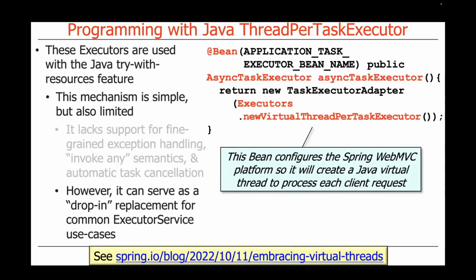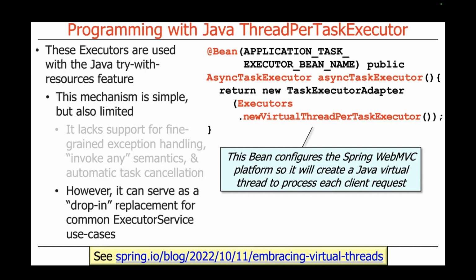However, there are places where it's handy to have this capability. And in particular, we'll get to this a little bit later when we start talking about how things work in Spring. With Java Spring Web MVC, you can actually define a bean, which is basically a way to customize the behavior of the system, that will create a new Java virtual thread to process each incoming client request.